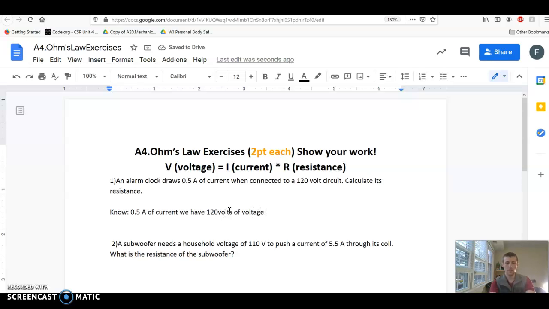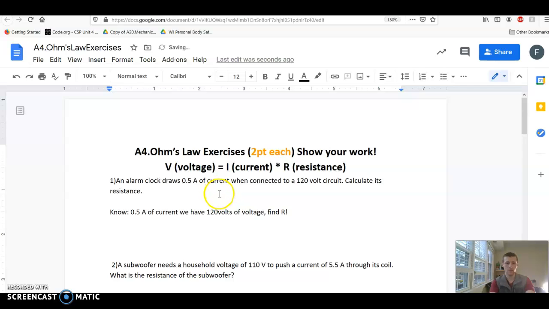We want to find the resistance. Find R. Well, let's do it. We can say 120 volts is equal to 0.5 amps times some kind of resistance, so some unknown R ohms.